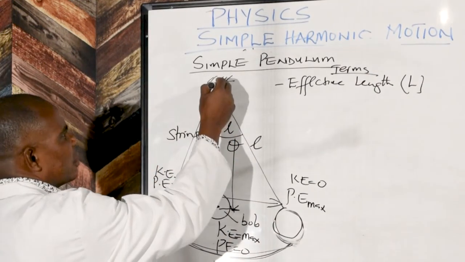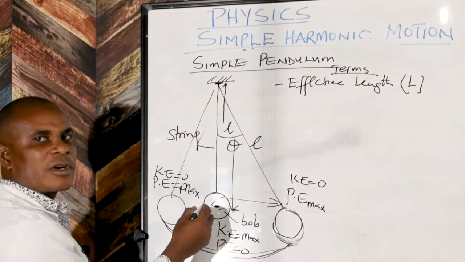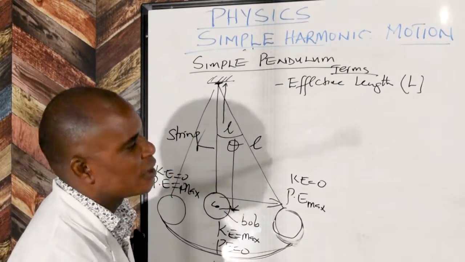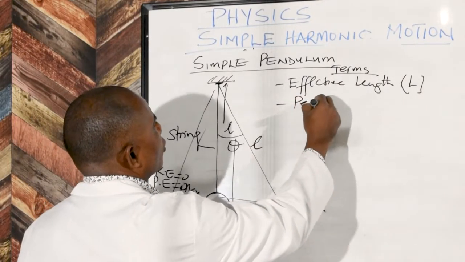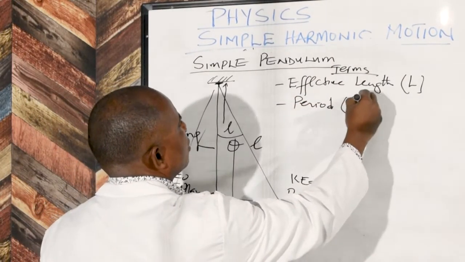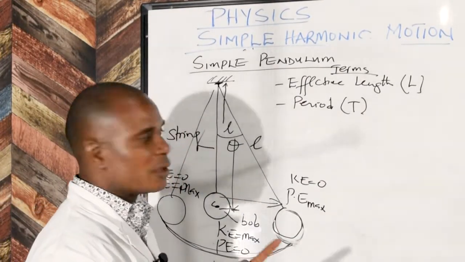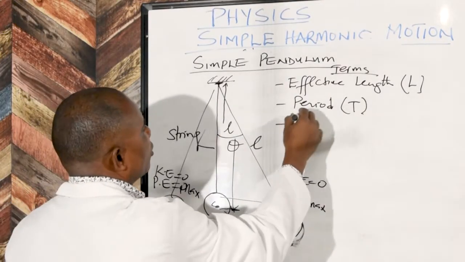The effective length is the length of the string, from the rigid support to the center of gravity of that ball. We also want to look at the period, T. We said that is the time it takes to complete an oscillation, so we need to figure out that as well. We want to also look at the amplitude.